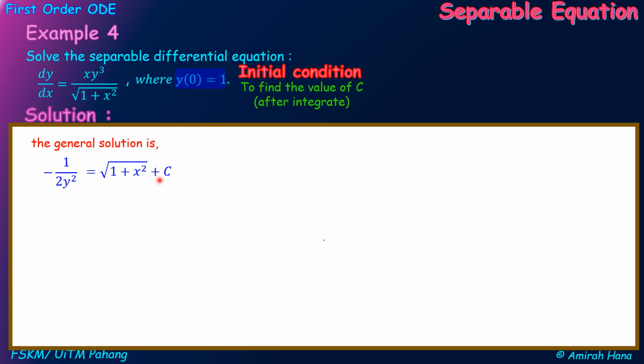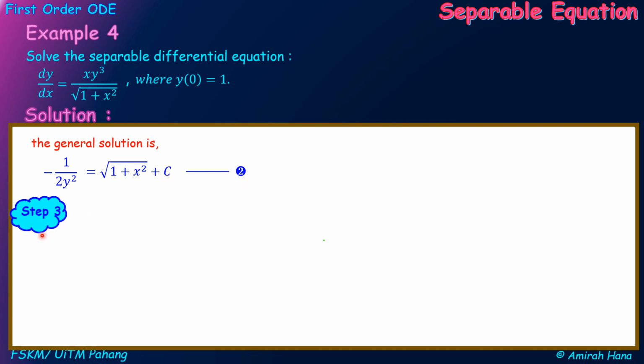Now we want to find the value of c. We can name them equation 1 and equation 2, because we already have equation 1 in the previous slide. Then we continue with step 3.